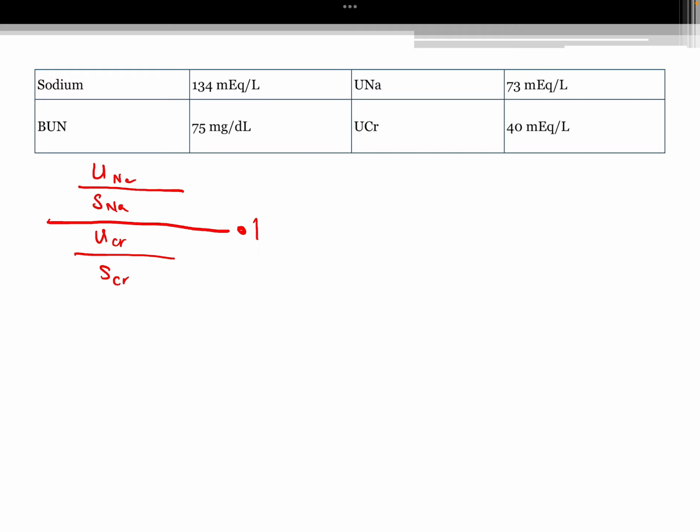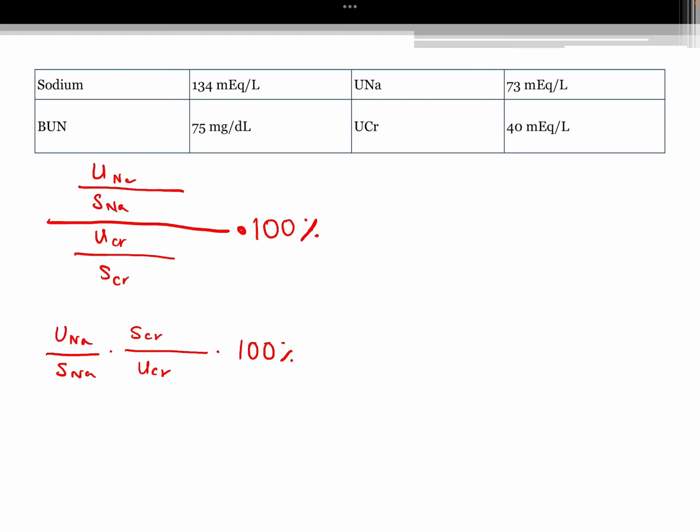We're going to multiply that by 100%. Now, my mom's a math teacher. We have to remind ourselves that whenever you have something at the bottom of the fraction, you need to flip it in order to divide. So let's actually change this to UNa over SNa times SCr over UCr. So you can see that I just flipped those two. And again, we're going to multiply it by 100%.